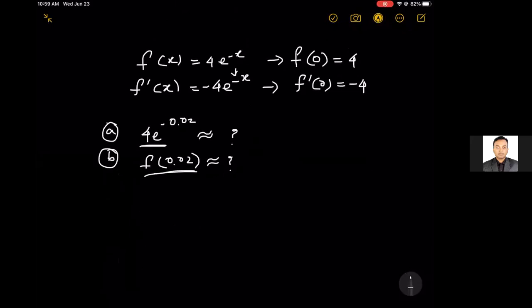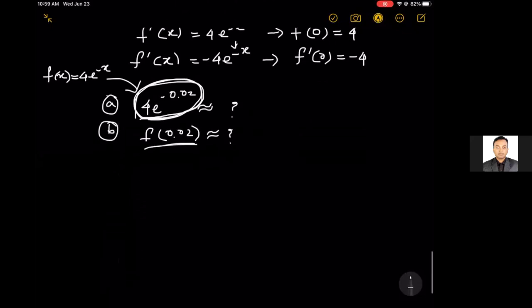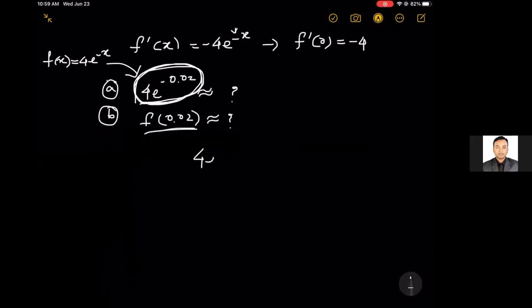So our function was f of x equals 4e to the negative x, right? Doesn't it look familiar to you? So this 4e to the negative 0.02 is basically f of 0.02.